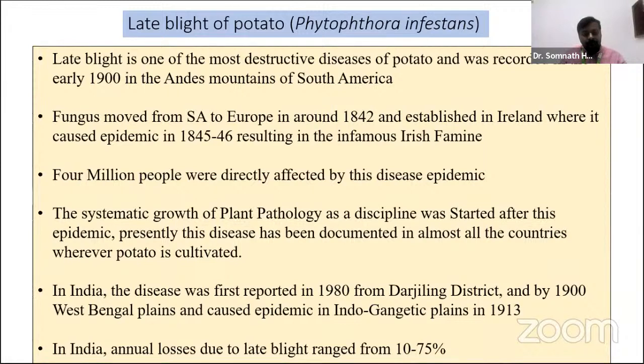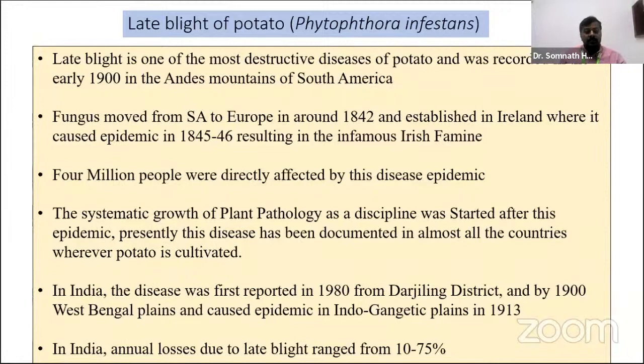Now we are aware of terms like epidemic and pandemic. The disease which has worldwide distribution is called a pandemic disease. The diseases which occur in a particular country or region are epidemic. Like coronavirus, now we are calling it a pandemic disease.